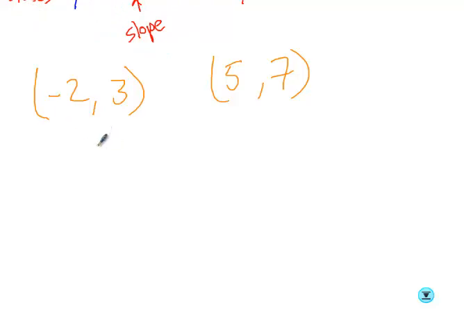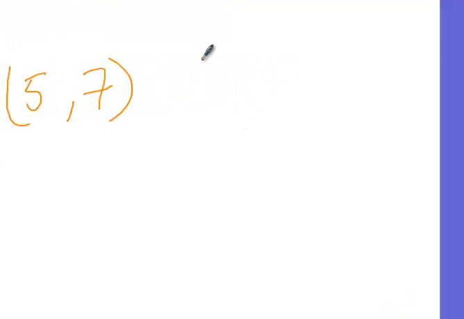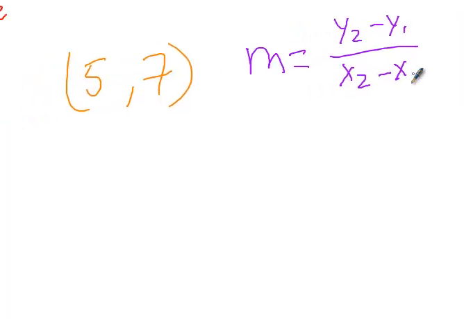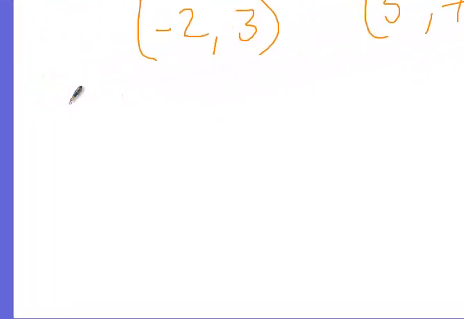A lot of you guys might say, hey, Mr. Flores, you just gave me two coordinates. But in reality, I did give you two coordinates, but I also gave you the slope, because if you remember from slope and rate of change, the slope, or m, is just equal to y2 minus y1 over x2 minus x1. This is a harder type of problem because before you can find the equation, you must first find the slope, using the slope equation.